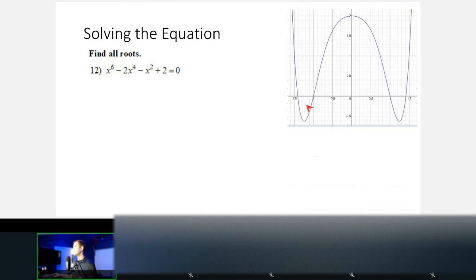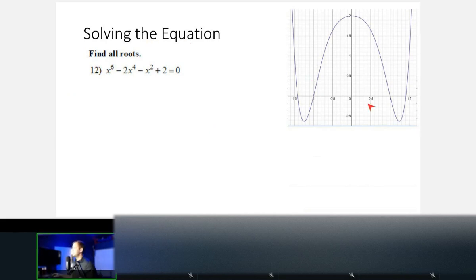Now it looks like -1 and 1 look good as exact roots. This looks like a decimal to me, and we never want to write answers as decimals. In pre-calc, that's a no-no, unless otherwise stated. So if you give me answers as decimals, I'm marking it wrong. Sorry. That's what I do in this class. So no decimals in this class, sorry.